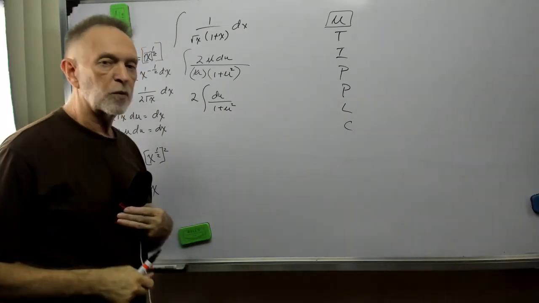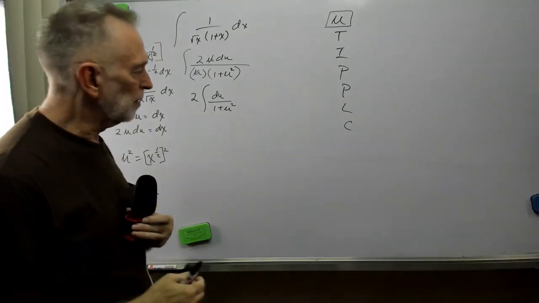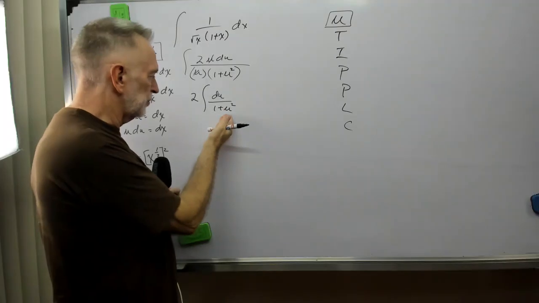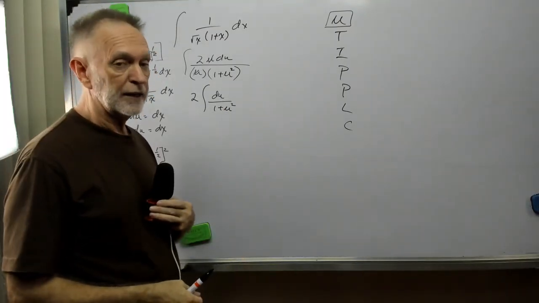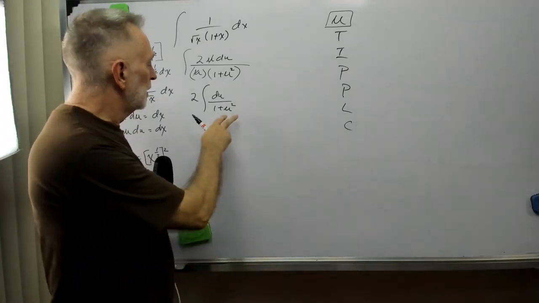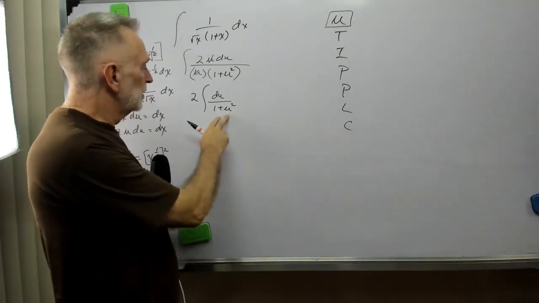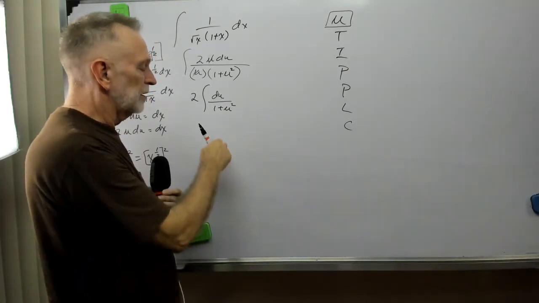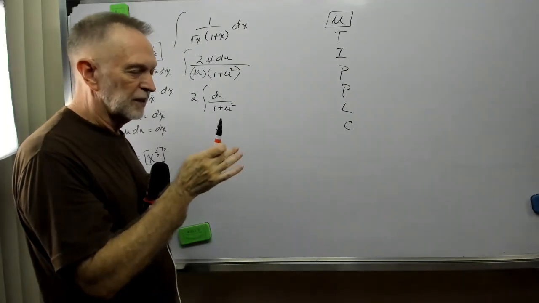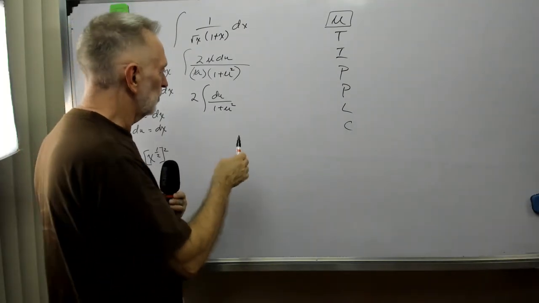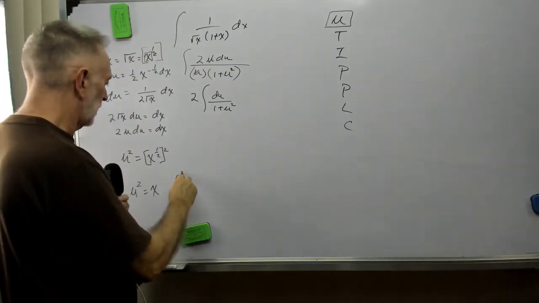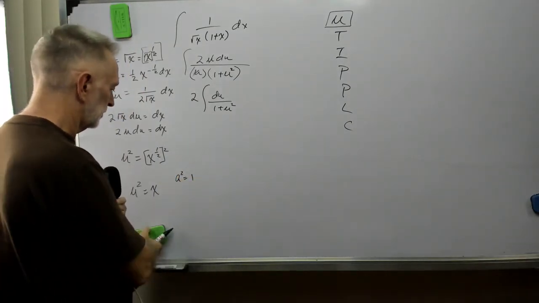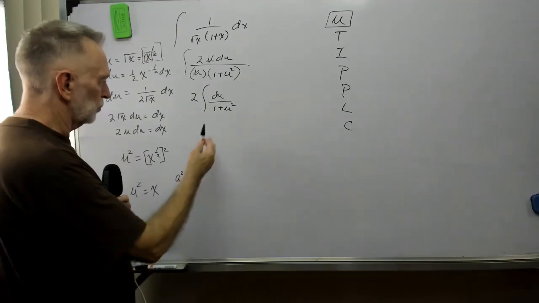Now, as you work problem after problem after problem, you'll start looking at this and you'll say, hey, that looks like tangent squared, 1 plus u squared. So I've got a tangent situation going on here. So let a squared equal 1, which means a equals 1.